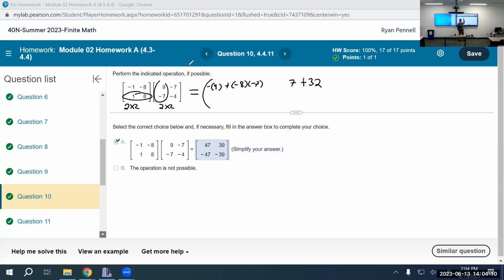Second row, first column: 1 times 9 is 9, and 8 times -7 is -56. Then second row, second column: -7, and 8 times -4 is -32.